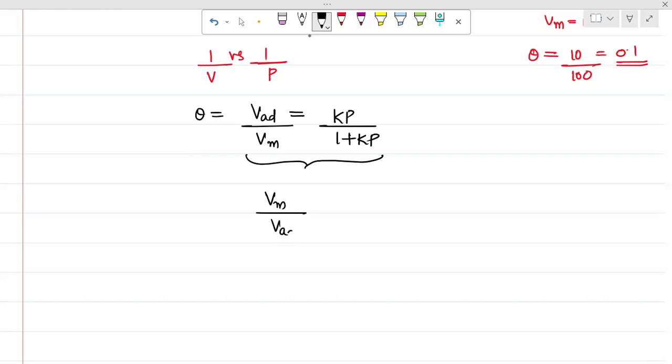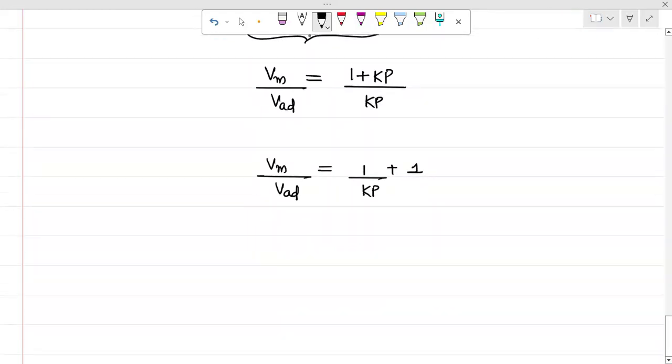Vm by VAD is equal to 1 plus Kp by Kp. Now I can write it as Vm by VAD is equal to 1 by Kp plus Kp by Kp, which is 1. Now I'm going to divide the whole equation by Vm.